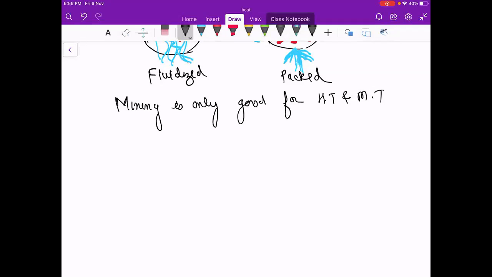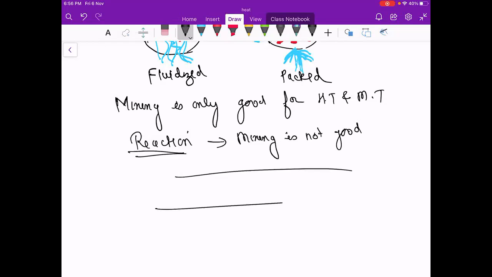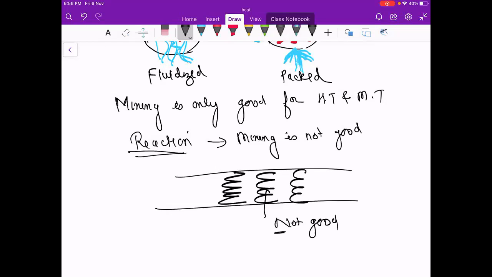For reaction, mixing is not good. Suppose you have a plug flow reactor and if there is axial mixing, then it is not good. We want to avoid that axial mixing.